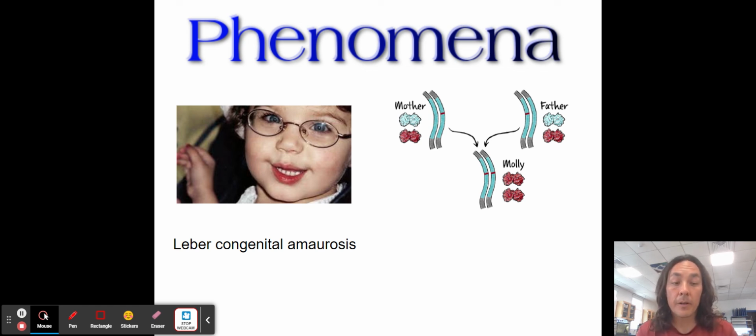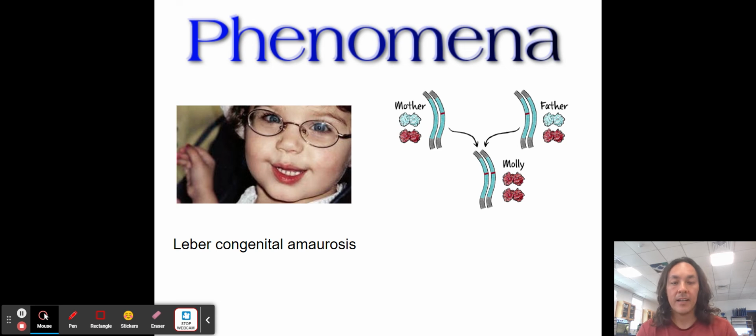There's a lot of work on this happening right now from Jennifer Doudna and I believe it's Emmanuelle Charpentier, who won the Nobel Prize for CRISPR, on the ability to maybe fix some of these diseases and try and rewrite DNA. Very exciting times, something that you could study in college. So, once again, big picture, she was going to be blind, but due to gene therapy, she is okay and can see.